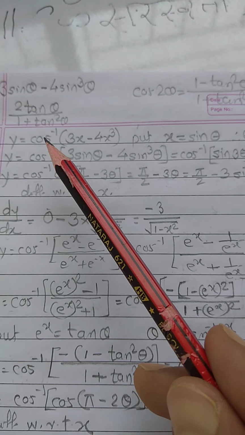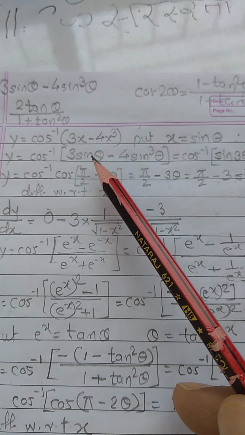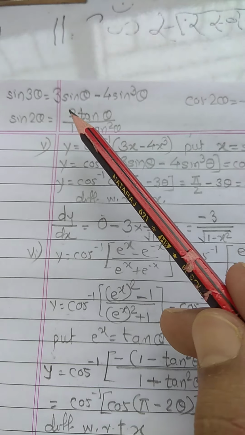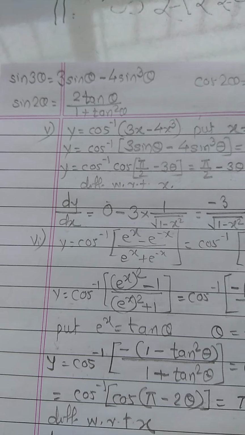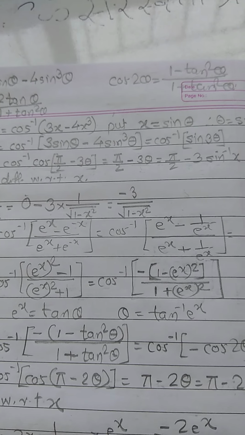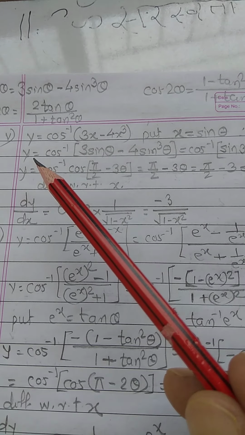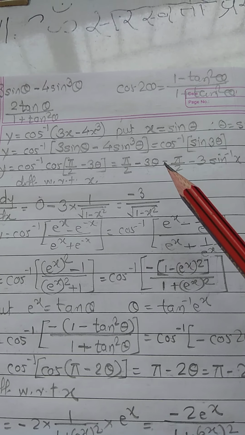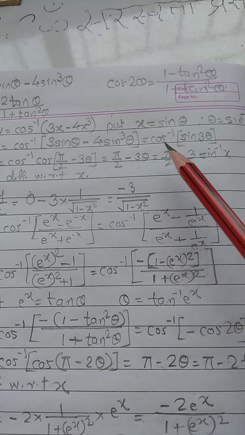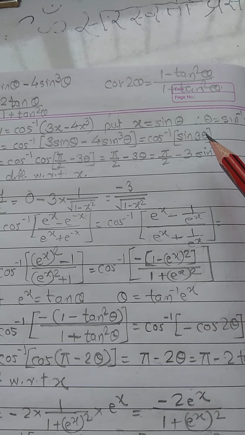So y will become now cos⁻¹ of (3 sin θ − 4 sin³θ). We know that 3 sin θ − 4 sin³θ is always sin 3θ. Therefore, here we will write y equals cos⁻¹ of sin 3θ.